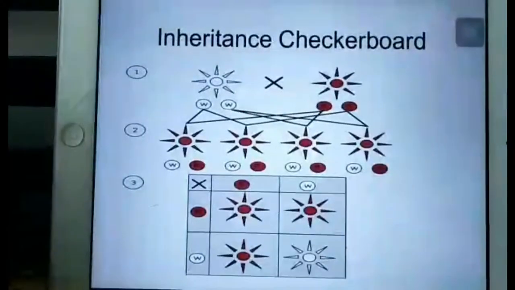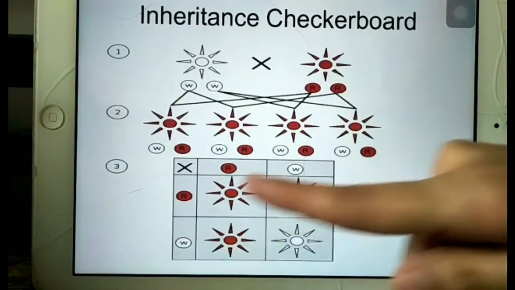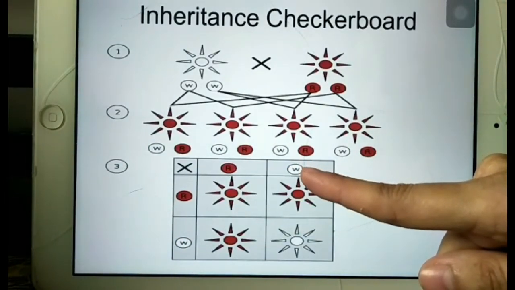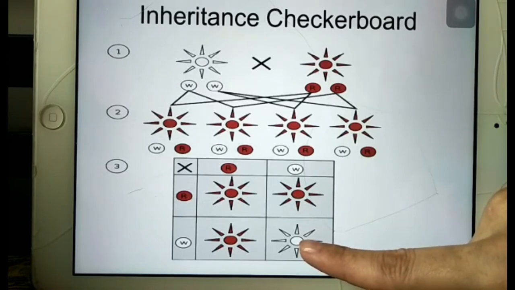And when recessive gene mixes with recessive gene, we completely have a white-eyed offspring, because there is no dominant character here which can hinder the appearance of the recessive gene.